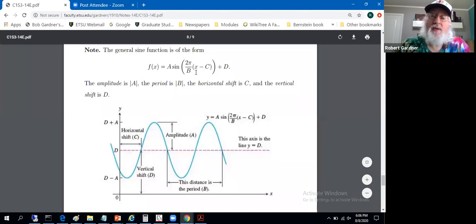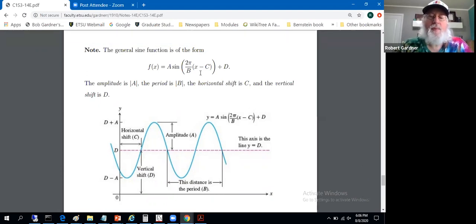This 2 pi over b times quantity x minus c is 0 when x equals capital C. So the function, I word it like this, thinks it's starting when x equals c. So that sine wave will start here. This offer is also valid for the start of cosine waves, tangent waves, and the others. So it thinks it starts here. That's the horizontal shift stuff.